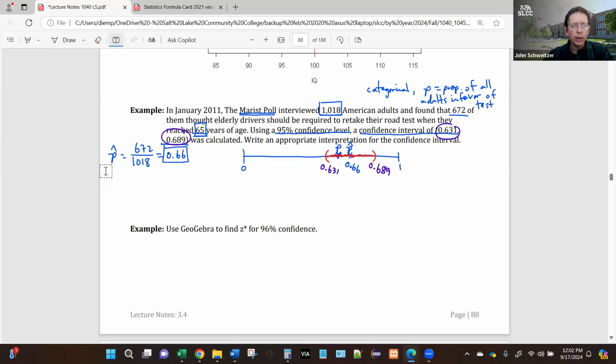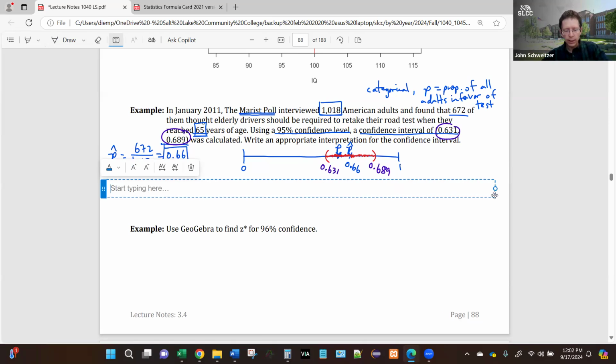So how do we interpret this? What exactly is that confidence interval saying? Well, just like there's an interpretation for the hypothesis test results, there's an interpretation for the confidence interval results. And it too is formulaic and sort of a boilerplate interpretation, which is good. Sometimes it's nice to have a formula that you can rely on. It goes like this.